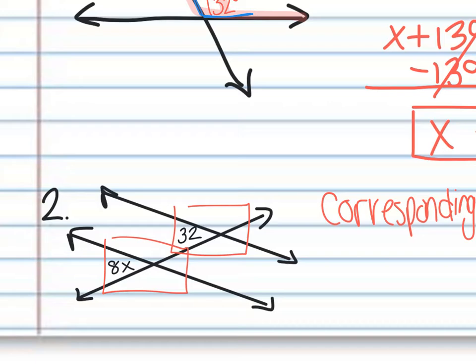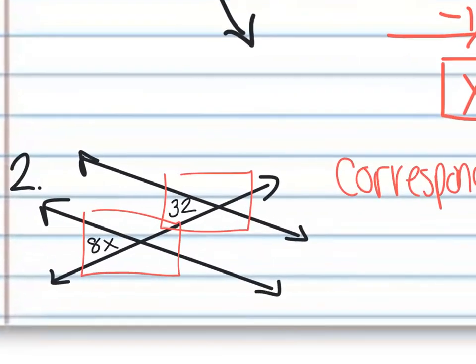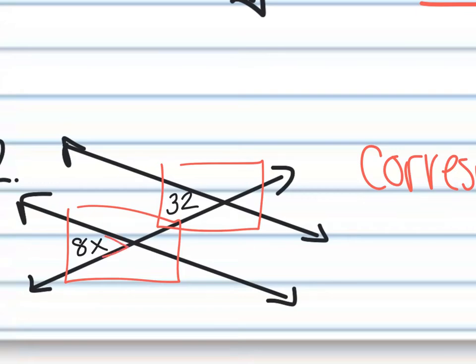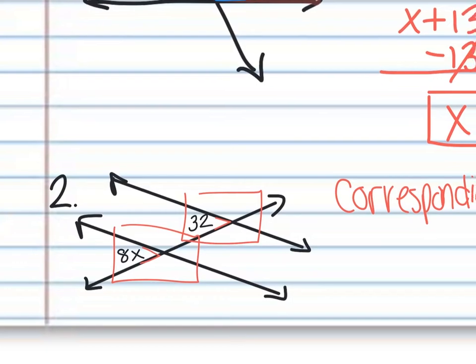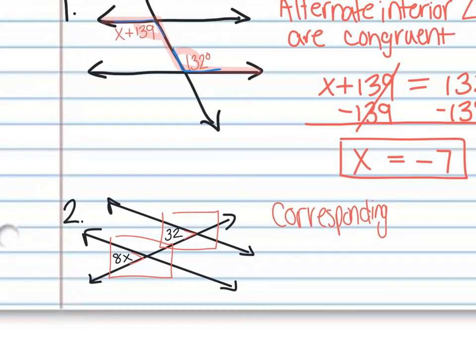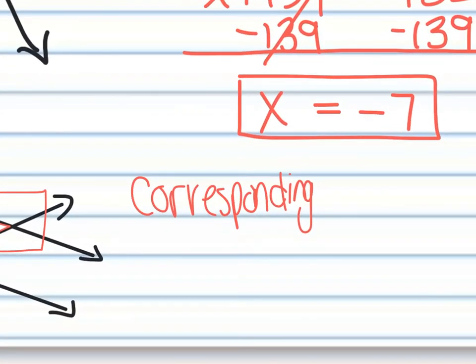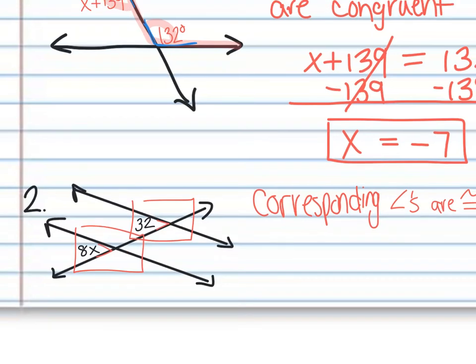But again, for the purpose of solving for x, you could have looked at the angles and said, oh, well, this is a small angle, this is a small angle, so they must be congruent. But we know corresponding angles are congruent. So corresponding angles are congruent. We already knew that.